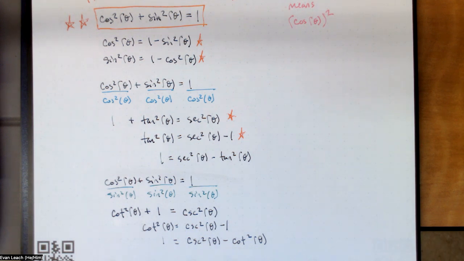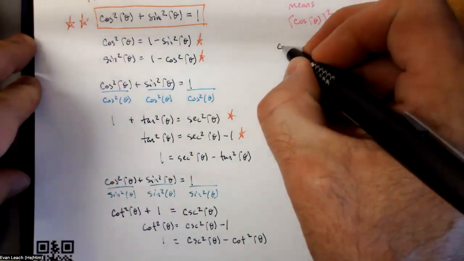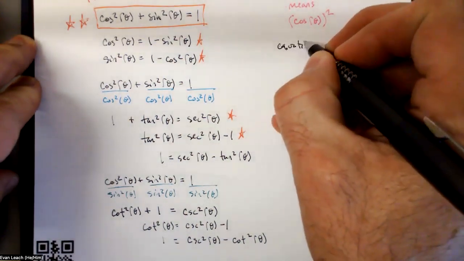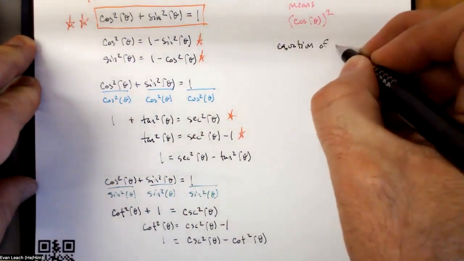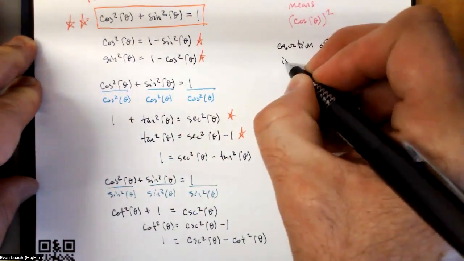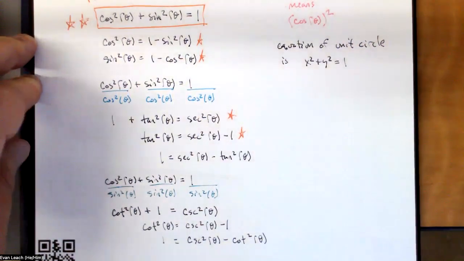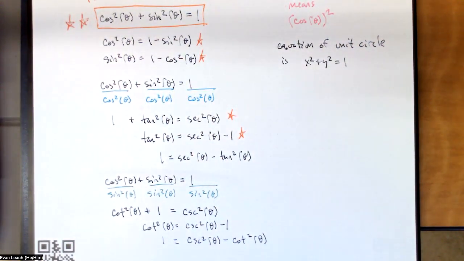One thing that will help us remember this first one is if we remember our equation of a circle. The equation of the unit circle is x squared plus y squared equals 1.